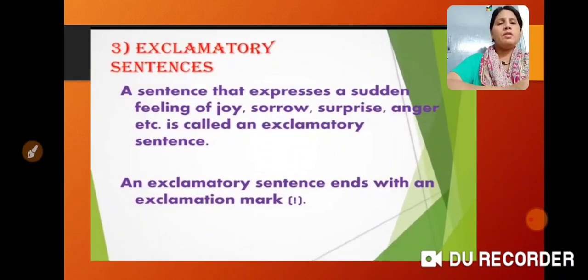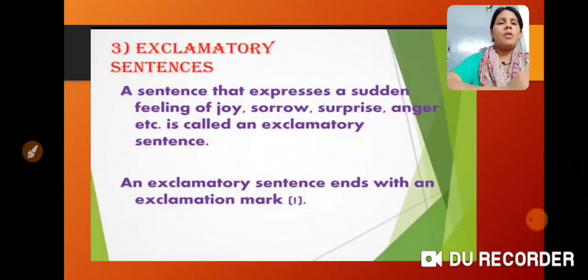Exclamatory sentences: a sentence that expresses a sudden feeling of joy, sorrow, surprise, anger, etc. is called an exclamatory sentence.